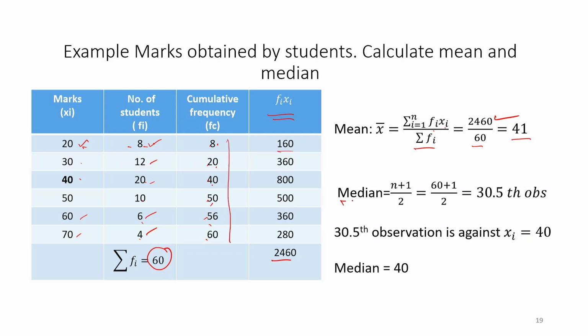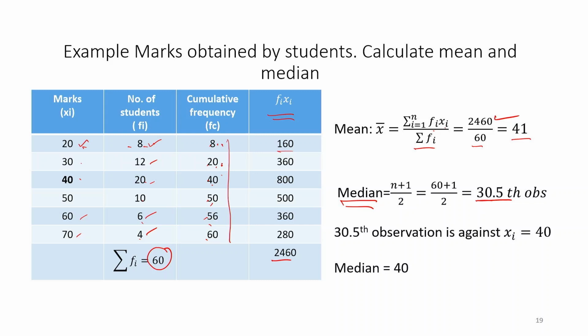Then comes the median. Now the median is going to be the (60 plus 1) by 2, that is the 30.5th observation. How to find it? Because the 30.5th observation is somewhere here.